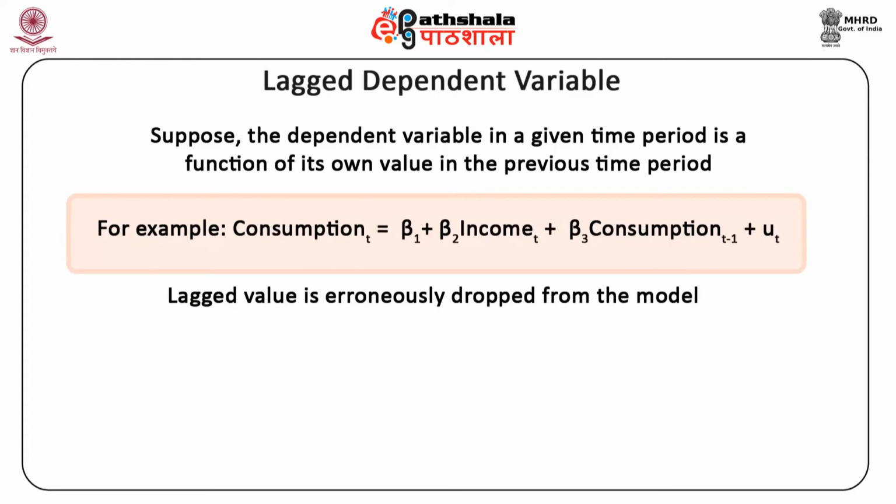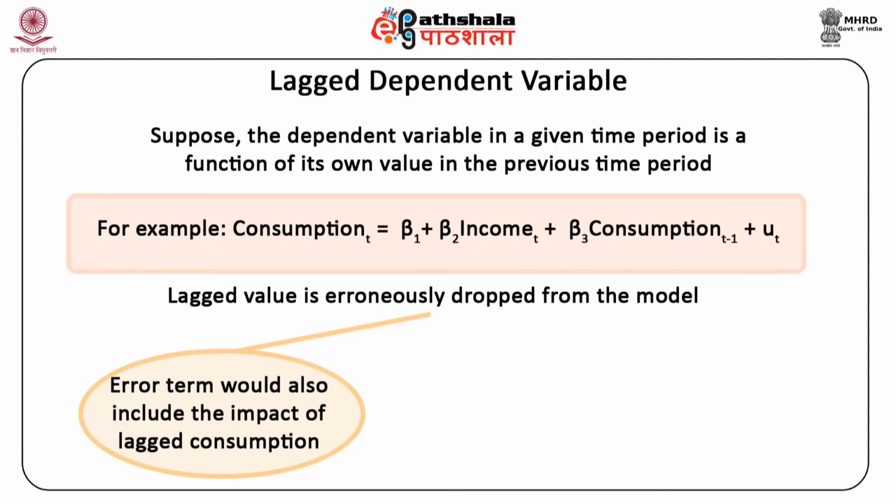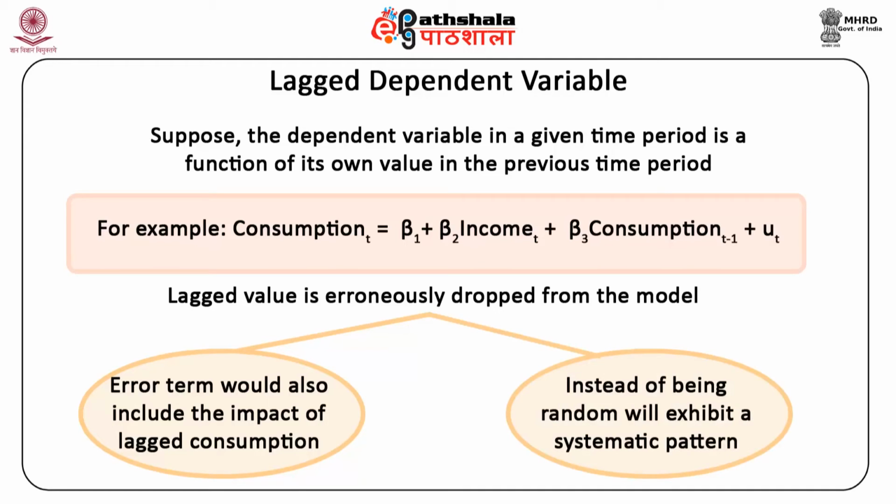If the lagged value is erroneously dropped from the model, then the error term would also include the impact of lagged consumption and, instead of being random, will exhibit a systematic pattern. So, autocorrelation is likely to be present in autoregressive models.